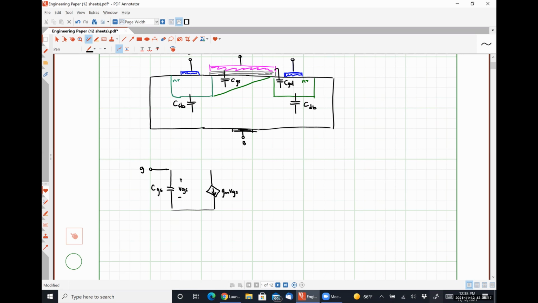Here's our current source, gm VGS. Body effects are included. This will be gmb VBS here. We have our output resistance, R out.